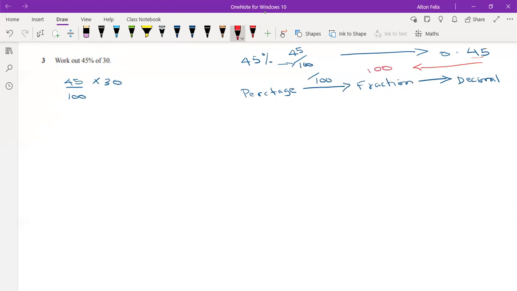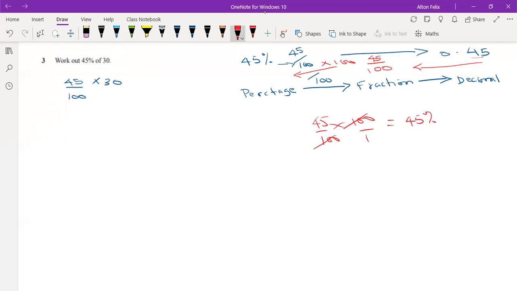There are 2, so you put 2 zeros and you keep the whole number part. And if you have a fraction and you want to write it as a percentage, you multiply by 100. So this 45 over 100 multiplied by 100 will be 45%, which is given in the problem.